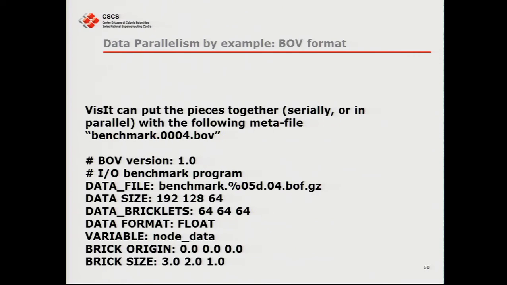The global grid storage is 192 by 128 by 64. Each of the processor contribution is 64 cube. It's float, etc. And with this, I'm able to reload my data independently of the number of processors available for the visualization. So it's very nice.